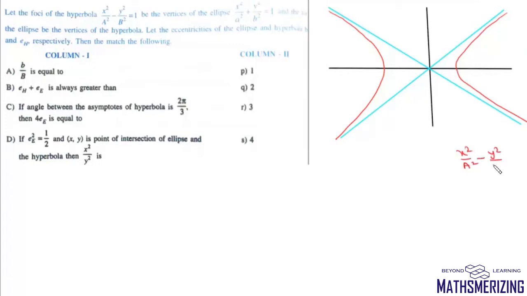So we have a hyperbola, which is x square upon a square minus y square upon b square equals to 1.